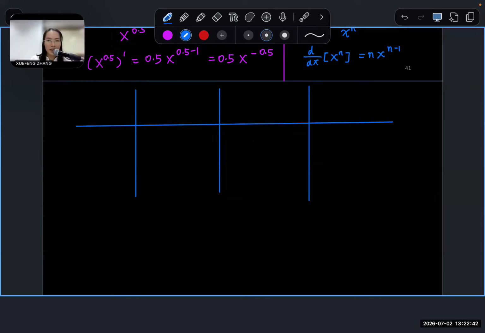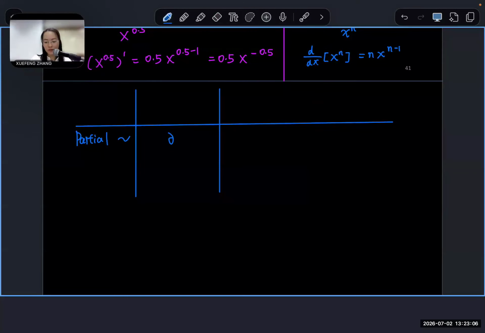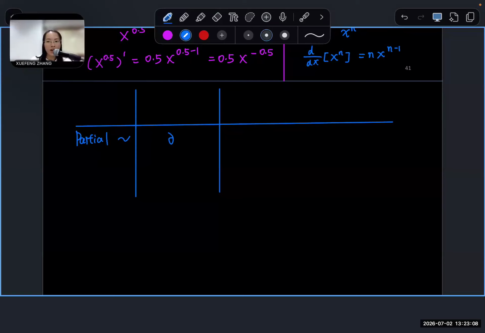If we want to take the partial derivative, okay, the partial derivative symbol looks like this, curly d, which means partial as well. We use it when the function has two or more variables, okay, we take partial.